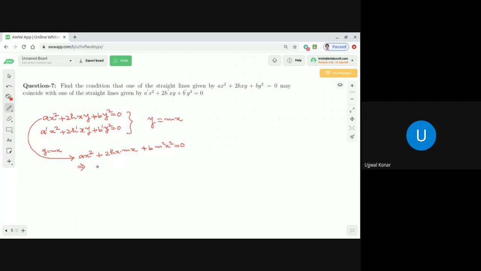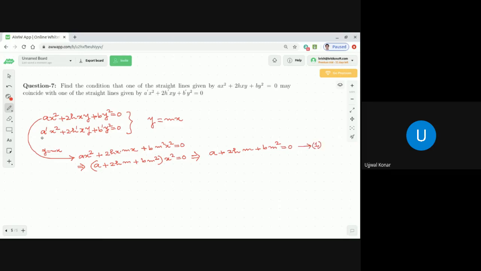This implies a plus 2h into m plus b into m square, into x square, is equal to 0. But x square cannot be equal to 0, dear students. So we get a plus 2h into m plus b into m square is equal to 0. This is one equation.